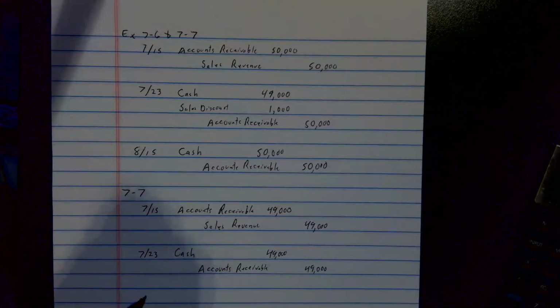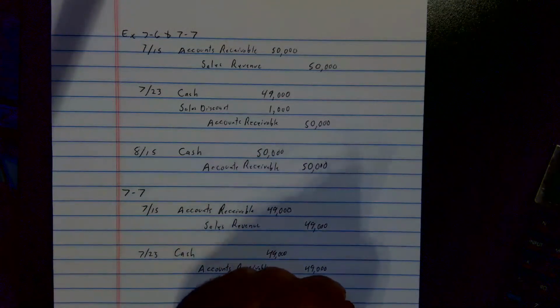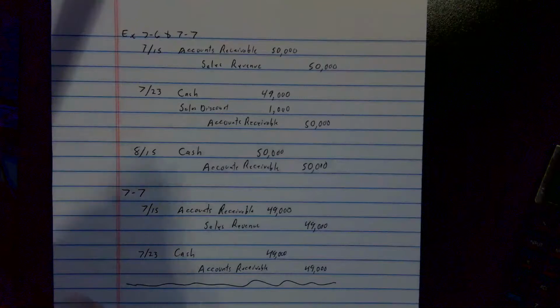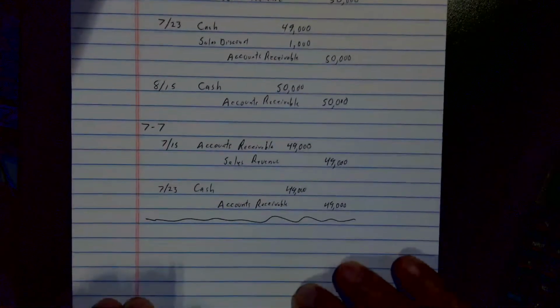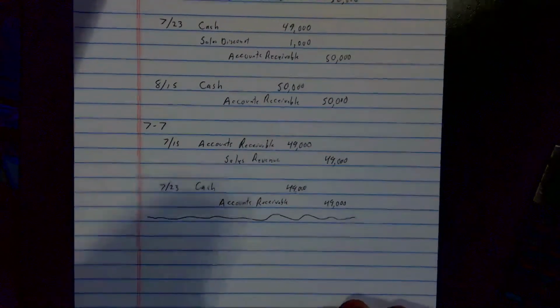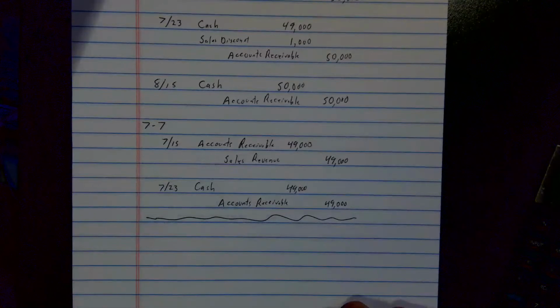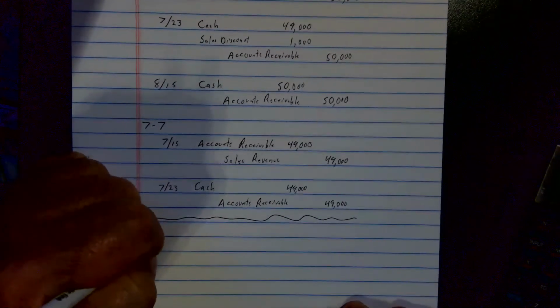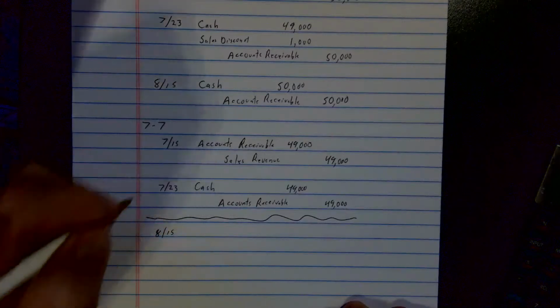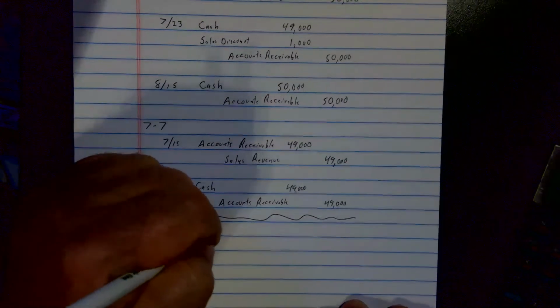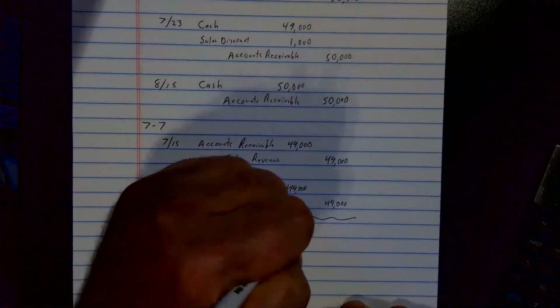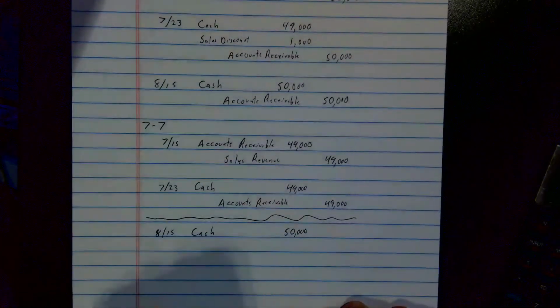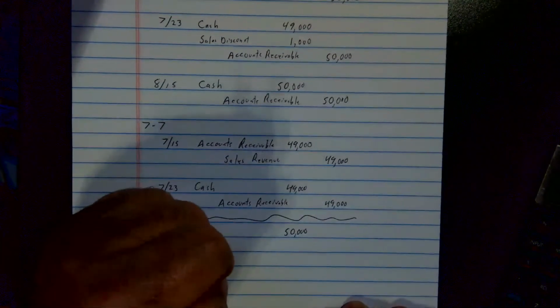And then let's say we go to the 15th. In case they don't pay on time, the journal entry on 8/15 would be cash, and this time it will be the full $50,000. I'm going to skip a line again.